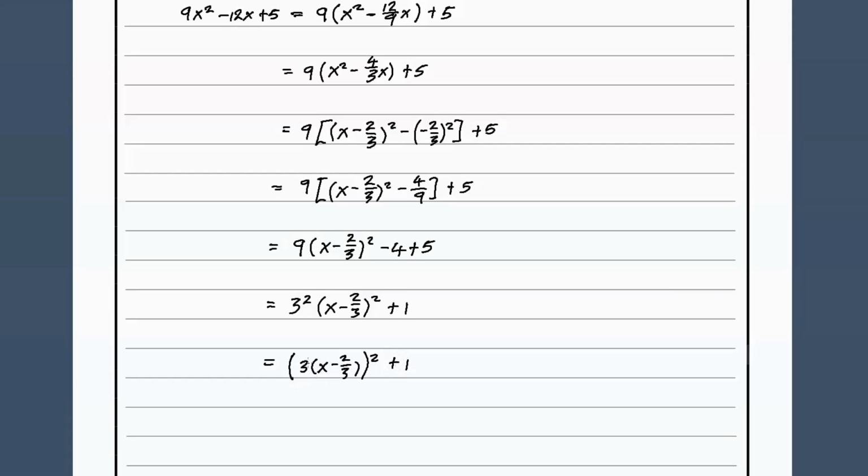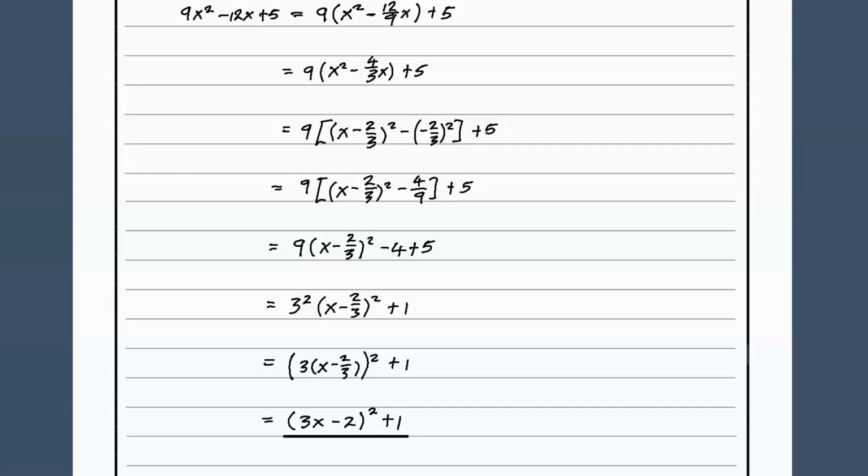So we can multiply now 3 into the bracket, so that we'll be having 3 times x, that's 3x, and 3 times minus 2/3 is minus 2, close bracket squared, and plus 1, and we now have the answer in the form they want it to be in, and that's how we do it.